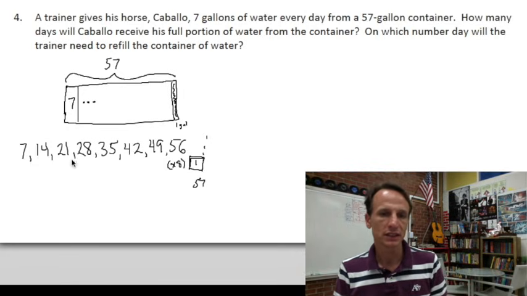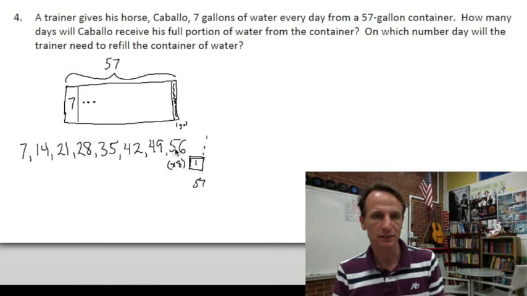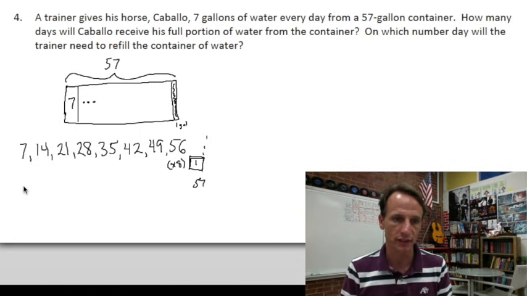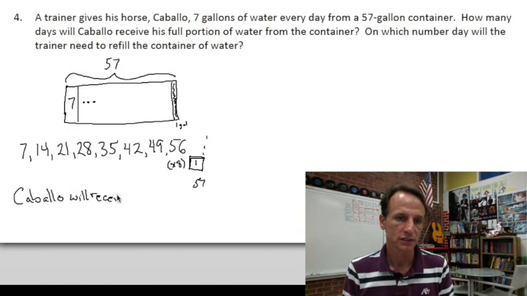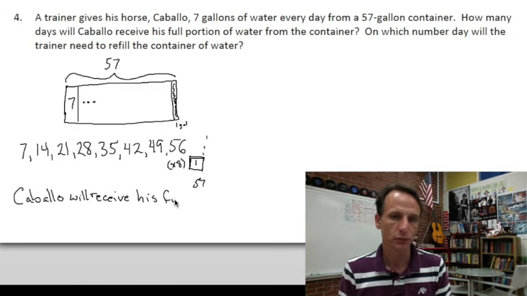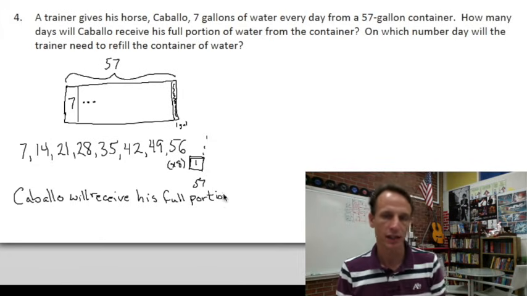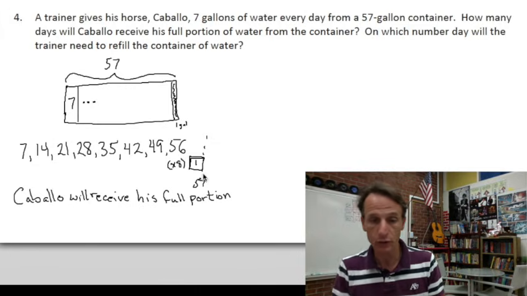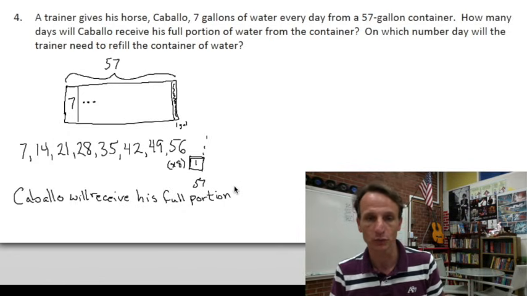Okay, so it would be 8 full days, correct, that we have 7-gallon portions. So we can answer that part of the question. We can say Caballo will receive his full portion. And again, you have to think here, because you can't say, well, on the 9th day he still has water. Hey, that horse is going to be one thirsty horse if he normally drinks 7 gallons a day, and on the 9th day you just give him 1 gallon.